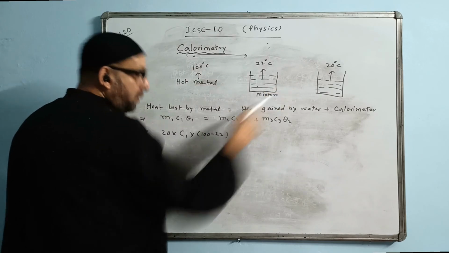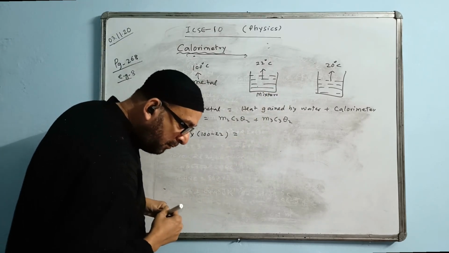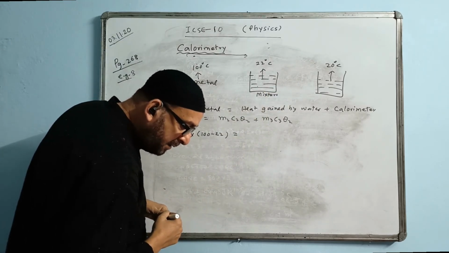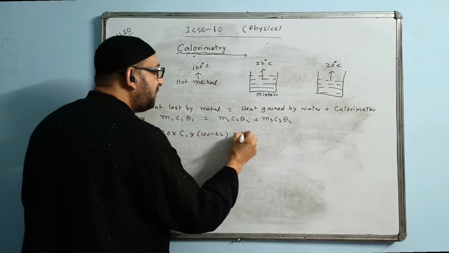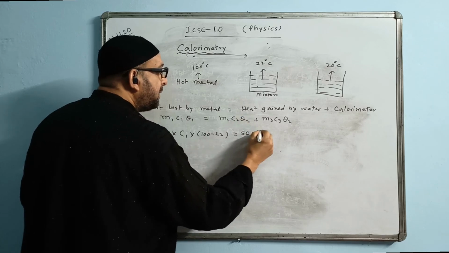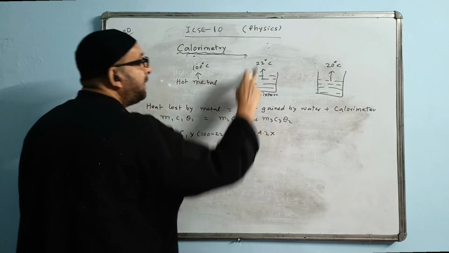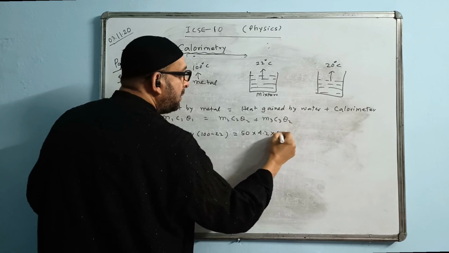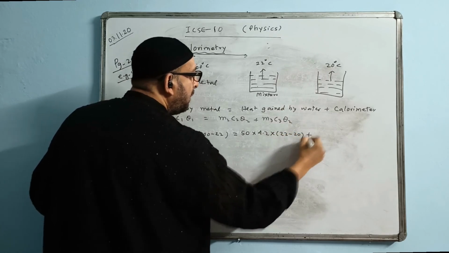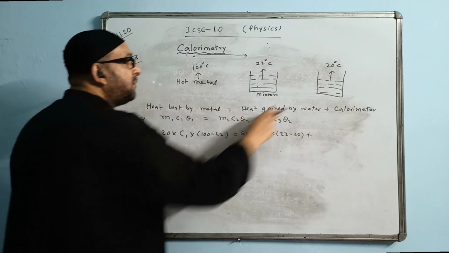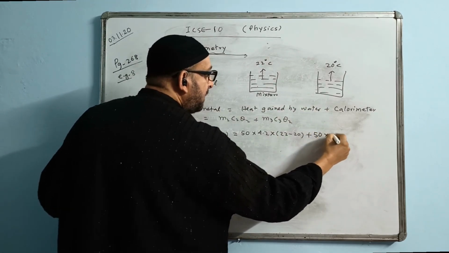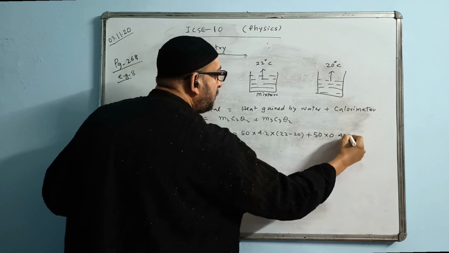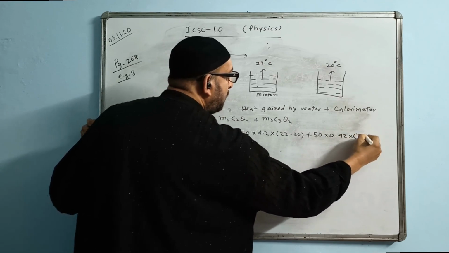Mass of the cold water is 50 gram, and the calorimeter mass is 50 gram. M2 is 50 gram, specific capacity of water is 4.2, temperature difference is 22 minus 20, plus mass of the calorimeter 50 gram, specific heat capacity 0.42, and the same temperature difference, 22 minus 20.